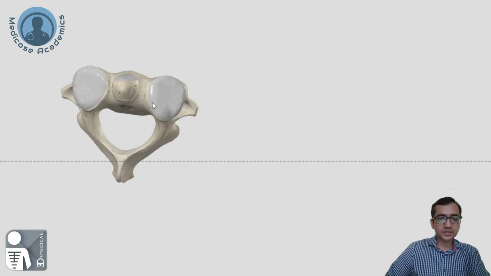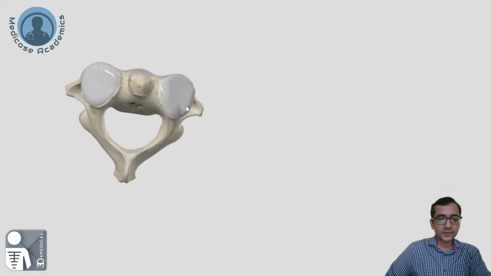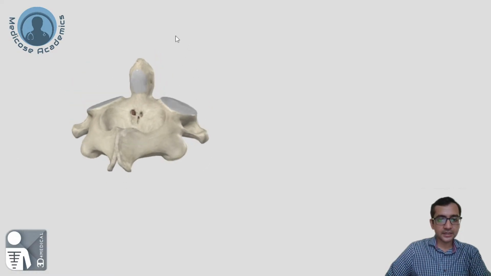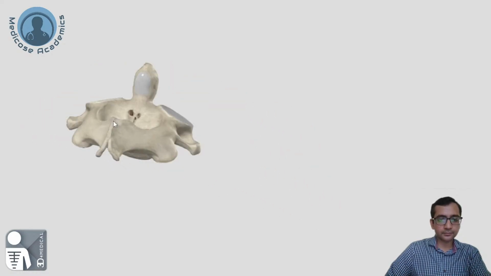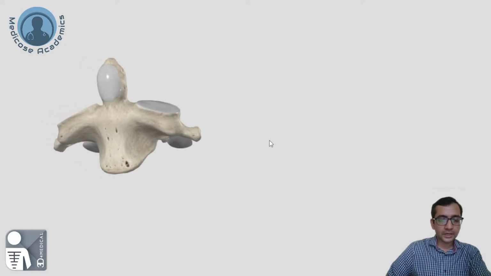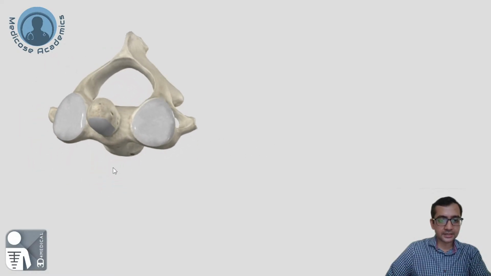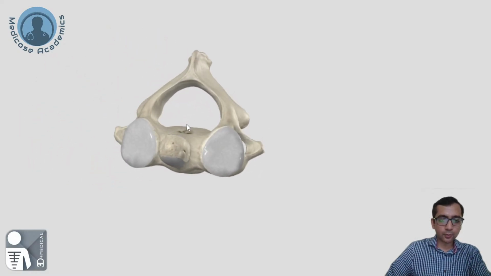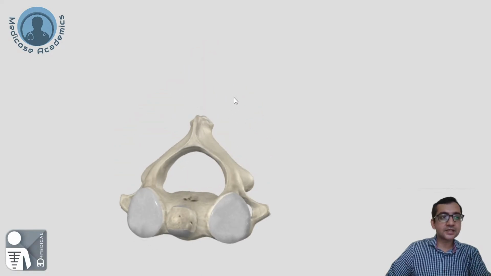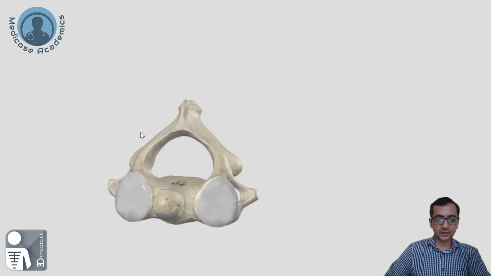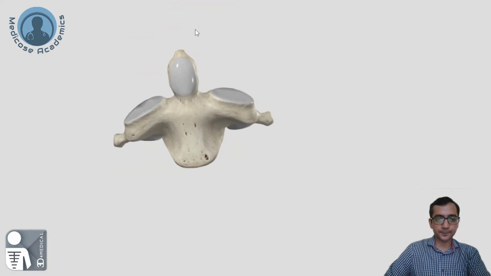So this articular process overhangs the transverse process, and then we are left with the lamina, which goes medially and backwards, and there is a spine, and the spine is not bifid. Thus there is no bifid spine as in the typical cervical vertebra.